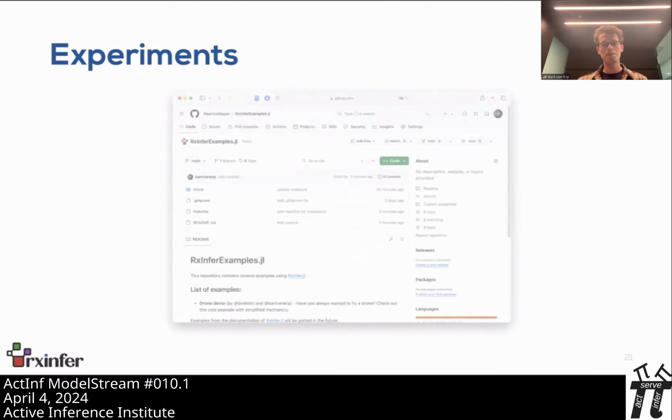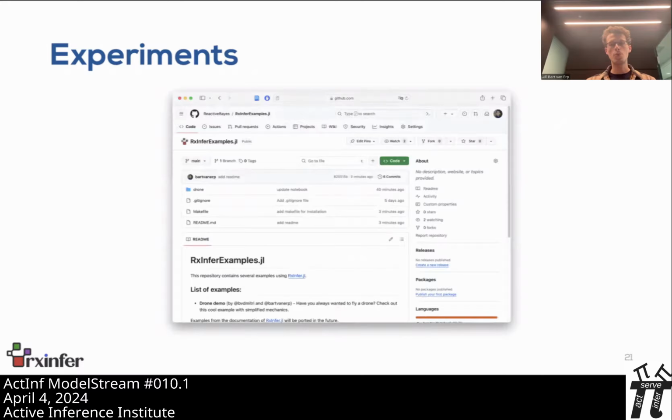That being said, all the code and the examples that I showed you today are publicly available on the Reactive Bayes organization. In the RxInfer examples.jl repository, you can find the code required to run the drone experiment.